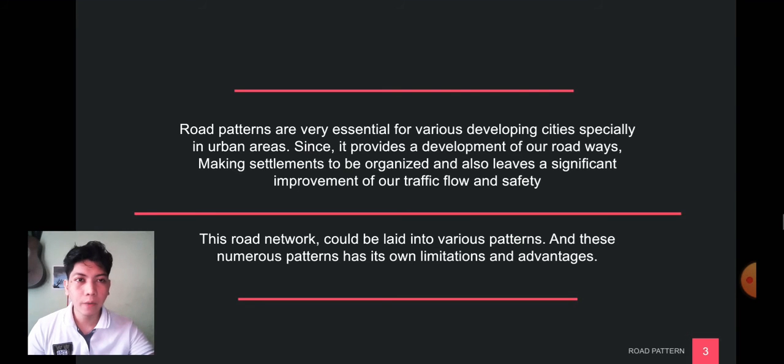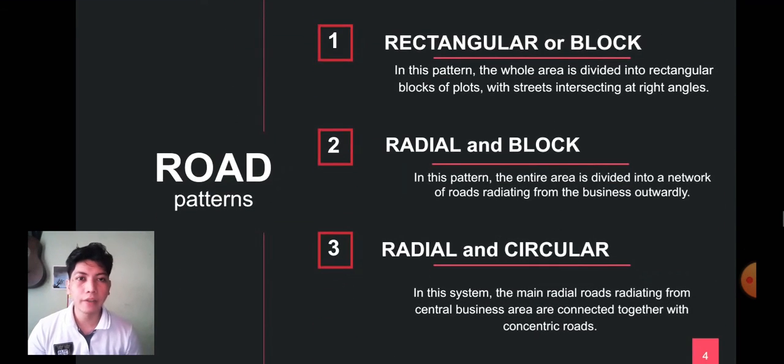So here we are going to talk about the various types of road patterns. First is the rectangular or block road pattern. In this pattern, the whole area is divided into rectangular blocks of plots with streets intersecting at right angles. Next is the radial and block.